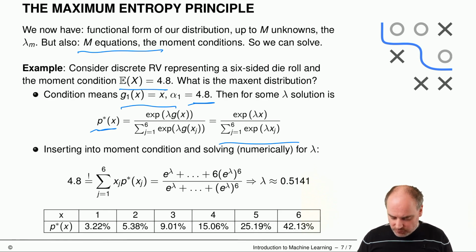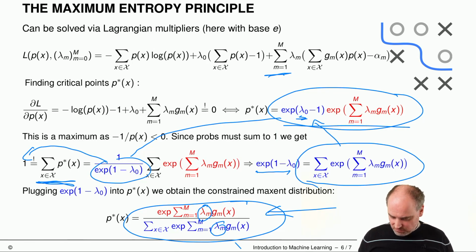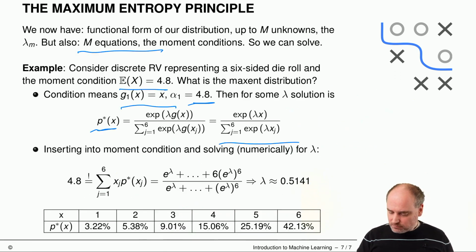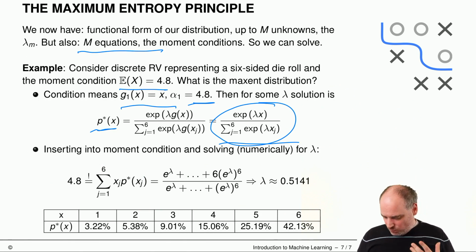So that's our functional form. It's exactly this thing copied over with one lambda m. So we know that our probability mass function has this form. It has 6 of these terms. And what we now have to do is find the lambda in these terms.